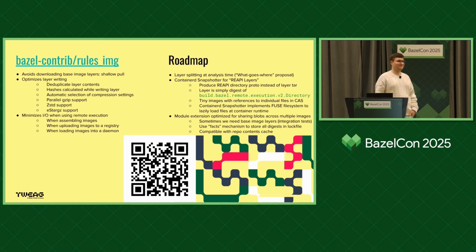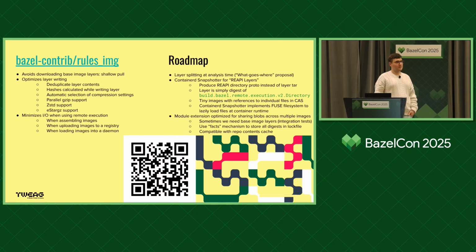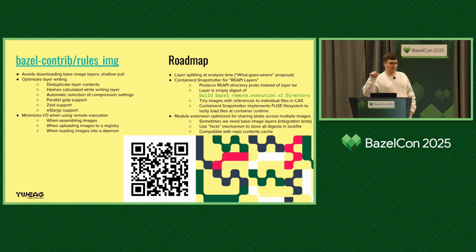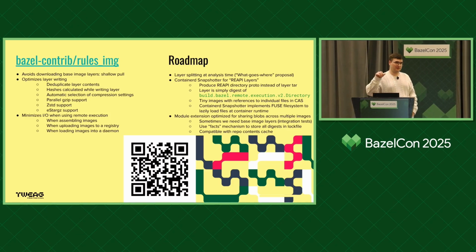I also want to ask if you can comment on how rules image could handle all of the authentication with the remote service as well as the registry that you're pulling from and you're pushing to. If you can comment on the authentication. So the authentication from the push binary to your remote cache uses the Bazel credential helper protocol.